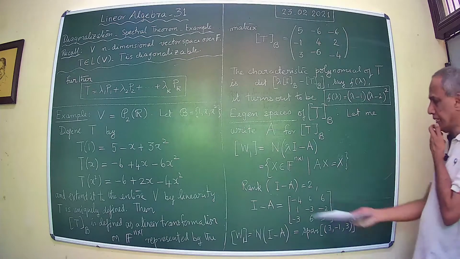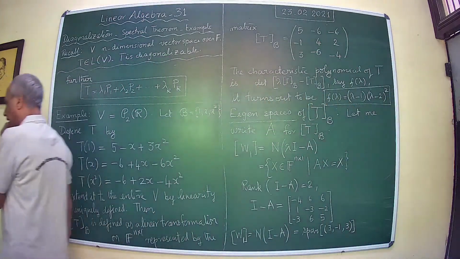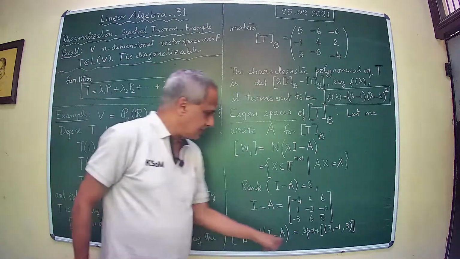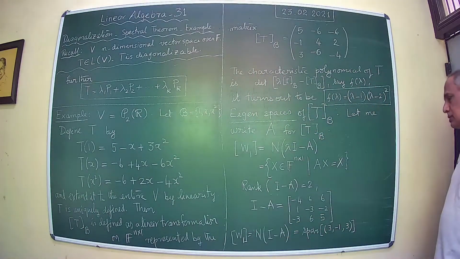Because you know that the rank of I minus A is 2, the nullity of I minus A is equal to 1. And that's what we have computed. So W1 is spanned by minus 3, minus 1, 3.